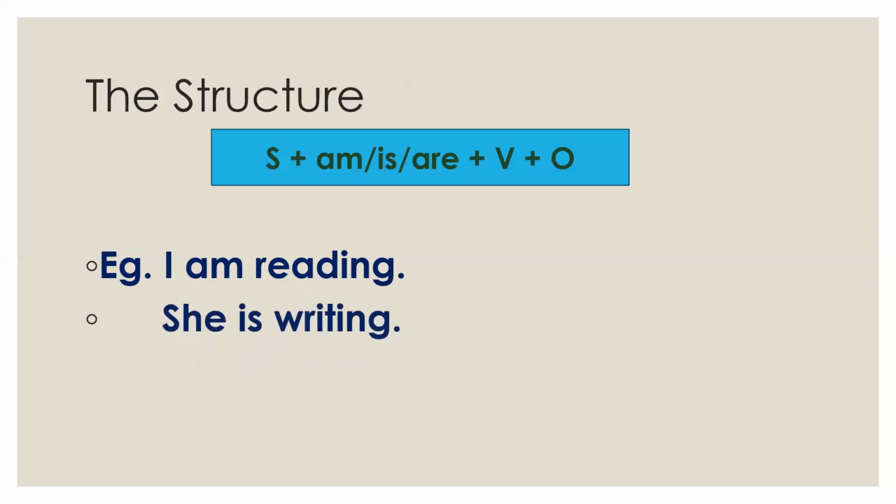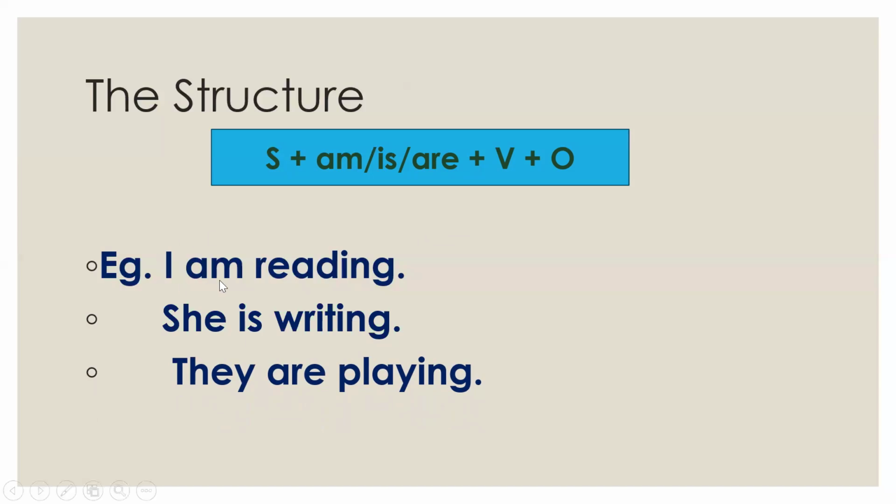She is writing. So for any singular subject like she, he, it, maybe the name of a person or a title like the principal, if you're talking about one person, then you have to use is as the helping verb. And if you are talking about a plural subject like they, we, the boys, the girls, the children, like that, then you have to use the helping verb are.